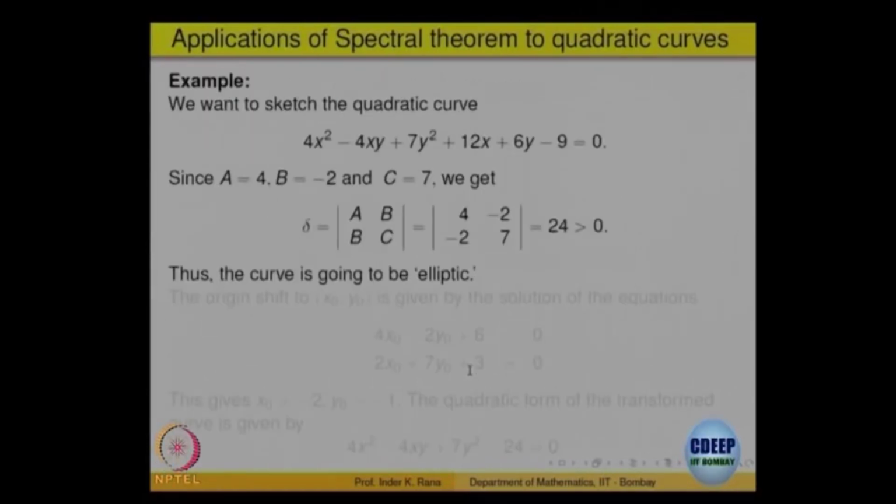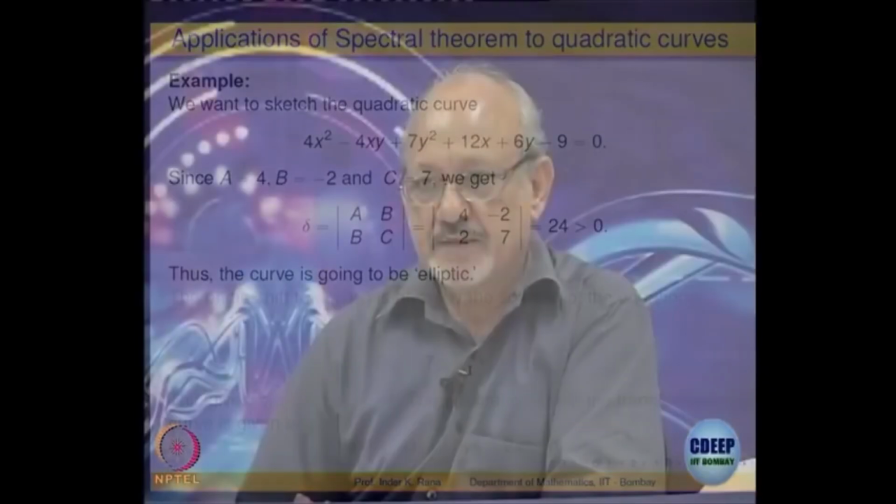Let us look at 4x square minus 4xy plus 7y square plus 12x plus 6y minus 9 equal to 0. What curve is this? We want to know. What are you going to do? First shift the origin, and then rotate it.